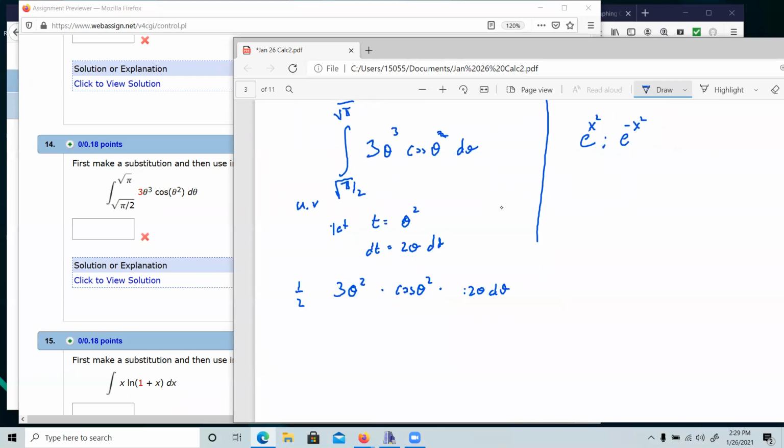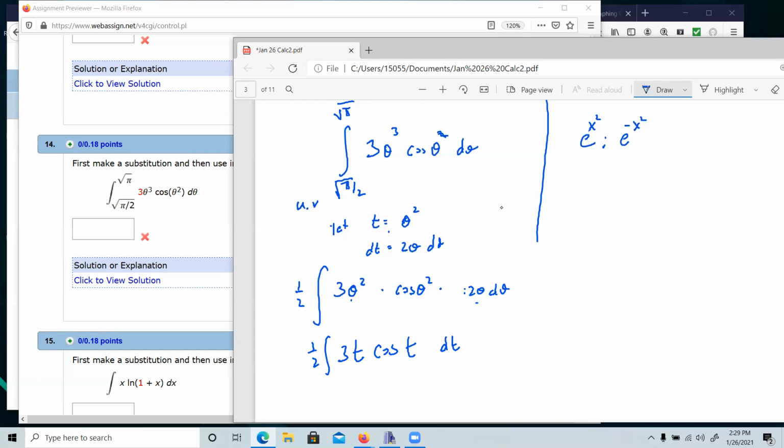And I know that t is equal to theta squared. Can I rewrite this in terms of t's and dt's rather than thetas? I think we can. So we're going to have 1/2, 3t cosine t dt.